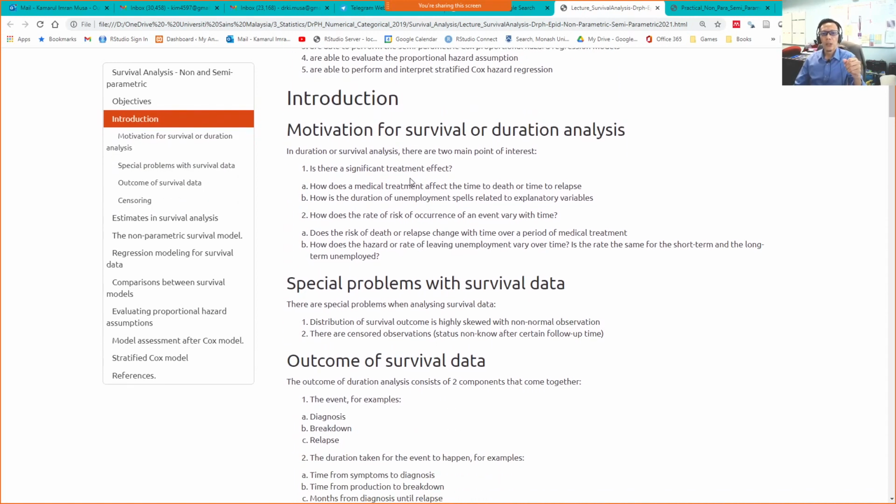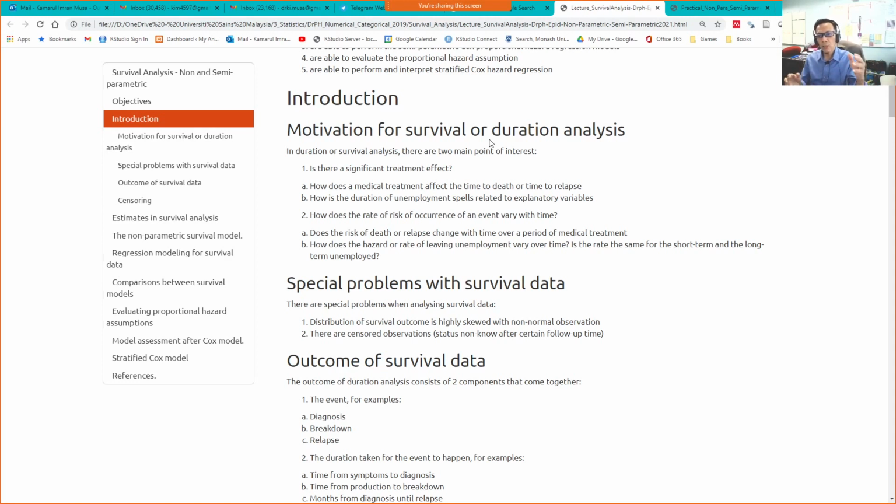Again, revision. What is the motivation for survival duration analysis? Sometimes we call survival analysis duration analysis, analisa jangka masa.